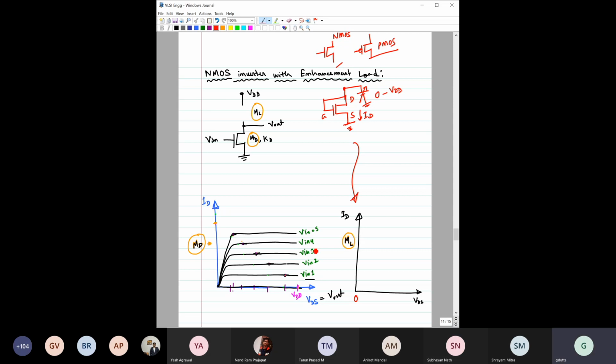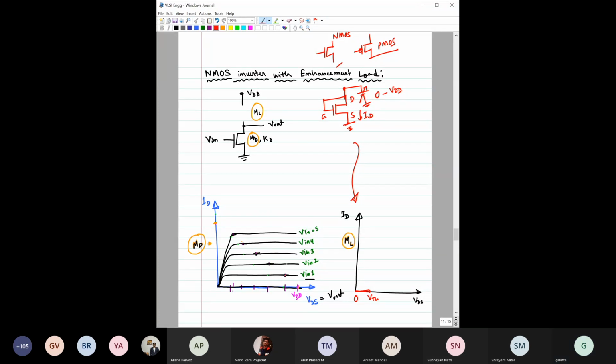We start from 0 till VTH, the threshold voltage of this MOSFET. What would be the current? 0. After that, it will increase quadratically. Increase how? Linearly? Exponentially. How do you know that it will increase exponentially?